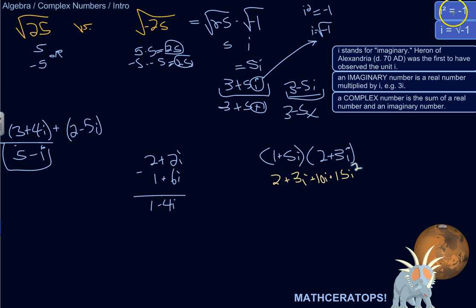Well, we know exactly what i squared means. That means negative 1. So this is 15 times negative 1, which is negative 15.